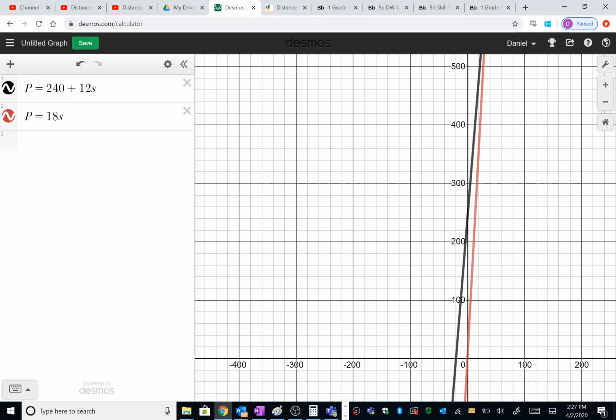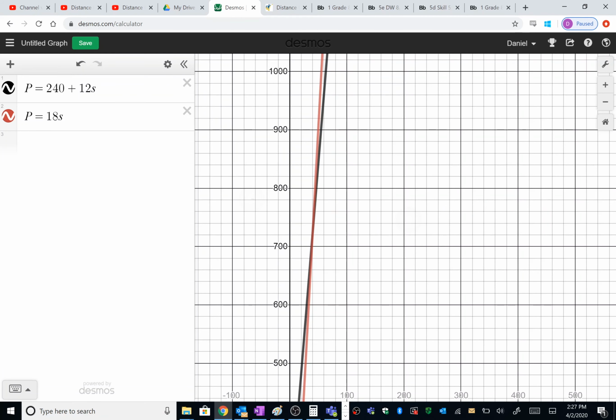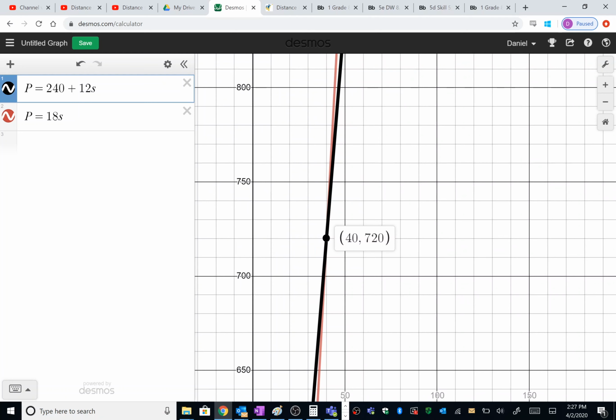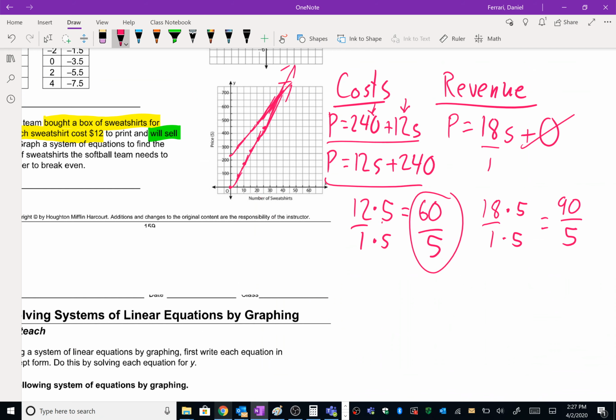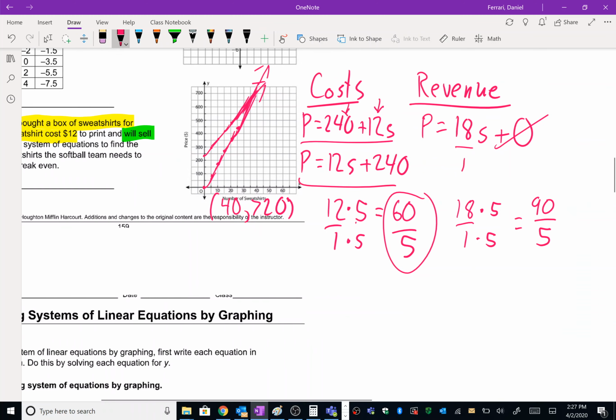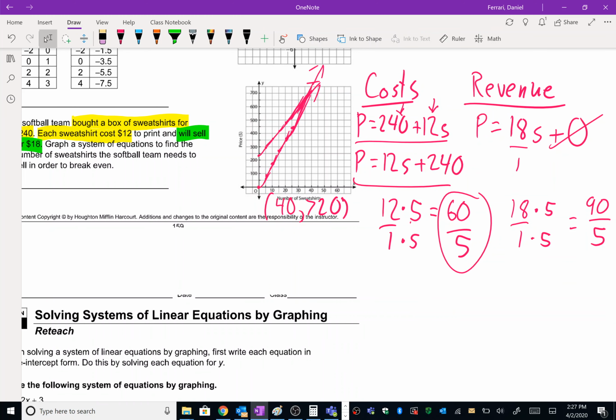Okay, and again, remember, the answer on this problem will be where the two lines meet. Okay, so in this case, my answer looks like it's at the point (40, 720). So somewhere up here looks like where it meets. Again, remember that those two numbers mean different things.